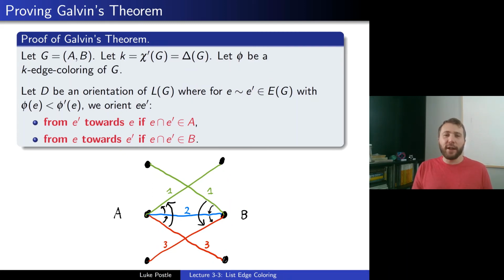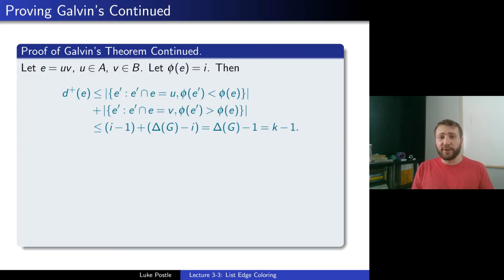What's its out degree? Well, for the edges incident near U, its end in A, you only go to smaller colors, while for the ones around V, you go to larger colors. So around U you count the number of edges with smaller colors, and on the other side you count the ones around V with larger colors. Remember you have a proper coloring, so around a vertex there can be at most one edge of any given color.